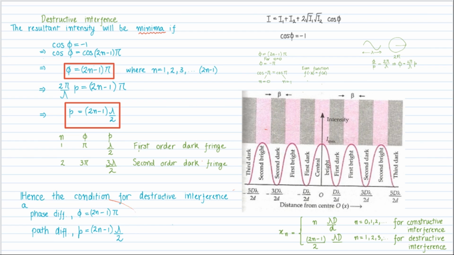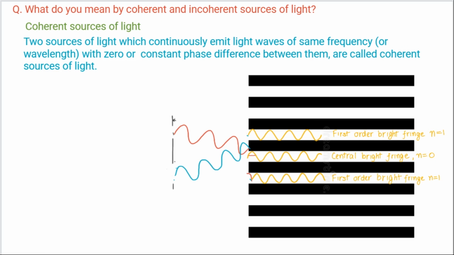If it is an odd multiple of pi, then the path difference is also an odd multiple of lambda by 2. The extra path traveled is an odd order of lambda by 2.